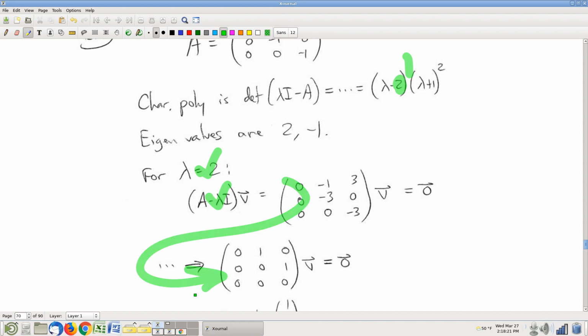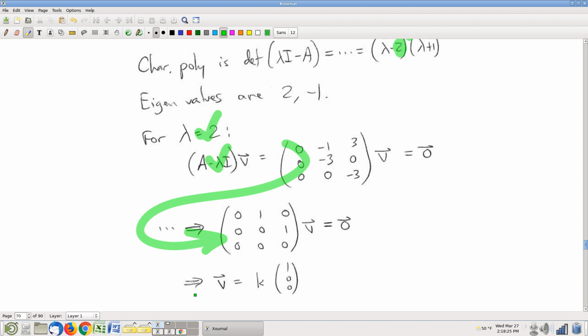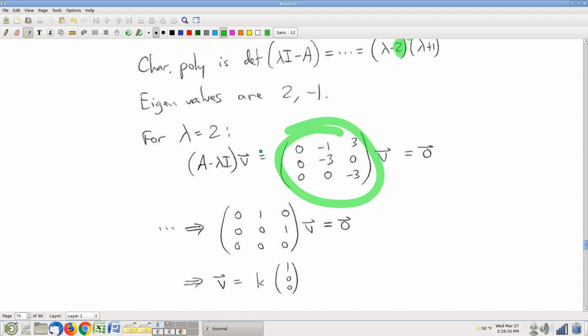You can make a rank argument and justify that you have one eigenvector. Now, the rank argument does change here a little bit. Let's think it through. Let's look at this matrix. What can I say about the rank of that matrix? Wait a second. It's a 3 by 3 matrix at this point, so we've really got to think of this in a different way. We can't just say it's just like the 2 by 2 case. Now, there's more possibilities here. Now, I do know this is singular, so the rank can't be 3.